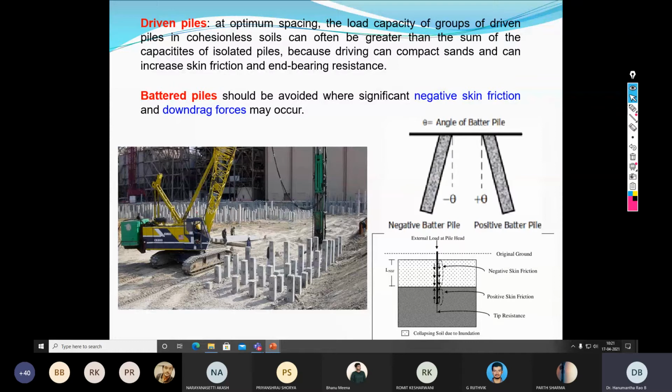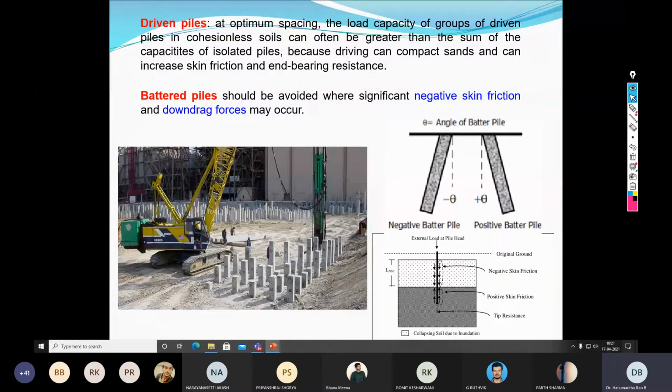The driving force densifies the surrounding soil of the pile foundation. As the density increases from pre-driving to post-driving, there is a consequent improvement in the frictional angle. Therefore, the pile group efficiency may be higher than the pile capacity, that is the summation of all the piles.